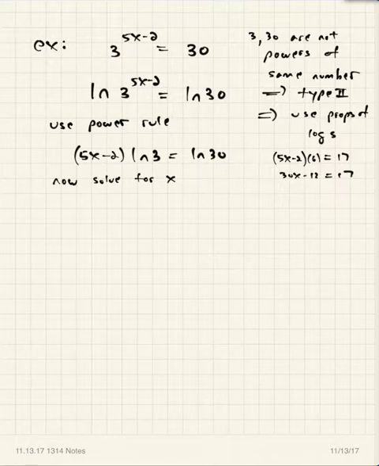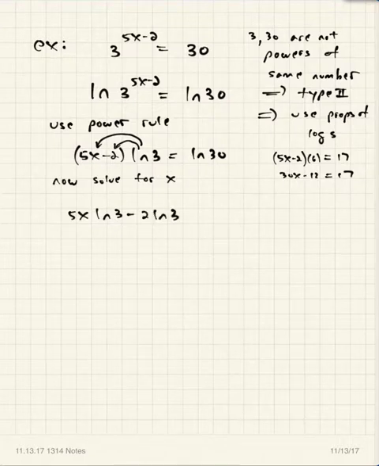We're going to multiply through by natural log of 3. Now, this looks funny to a lot of people because we're multiplying through by a logarithm, but that natural log of 3 is just a constant. So you use the distributive property the same as you always would in this kind of multiplication problem. So you have 5x natural log of 3 minus 2 natural log of 3 equals natural log of 30.